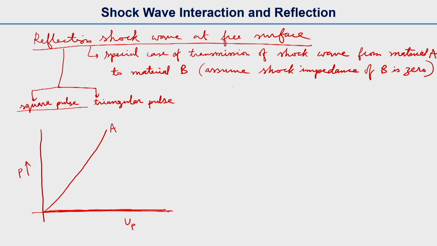If you draw a mirror image of A, which is the reflected wave, we will write that as AR.